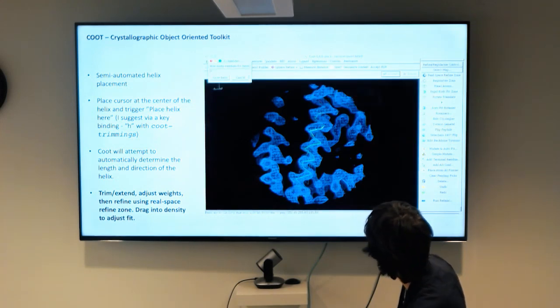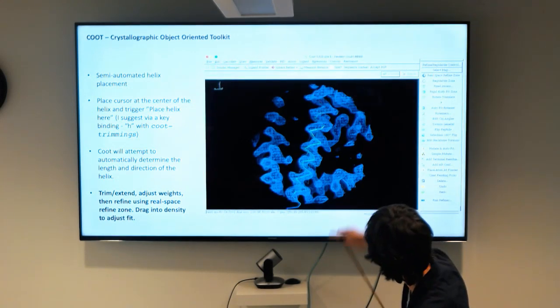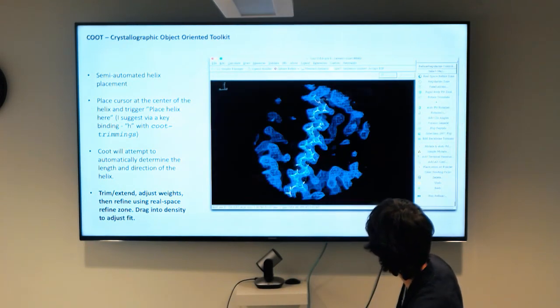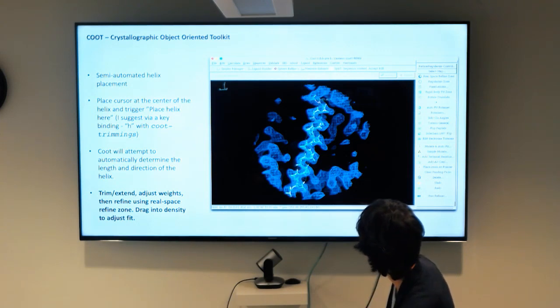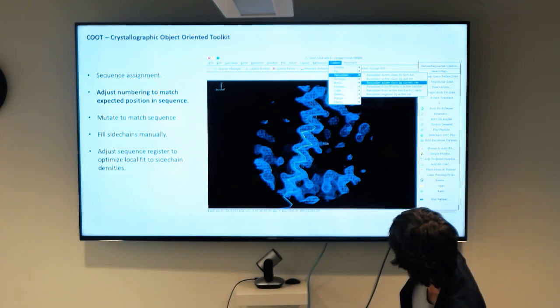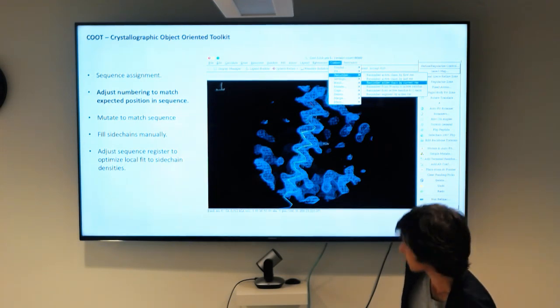So you might want to grow it by, let's say, 6 residues. It'll grow down there. Then you can refine the whole thing into the map, drag it around to fit the density, and then the next task is to assign the sequence.